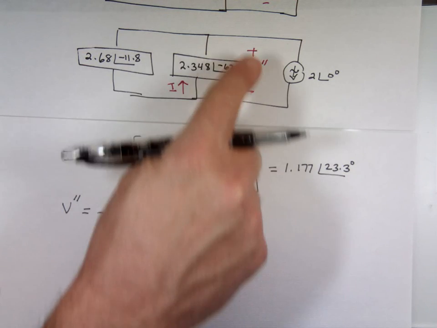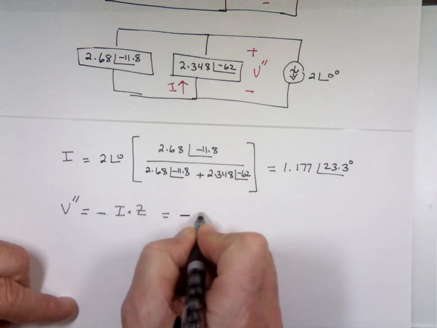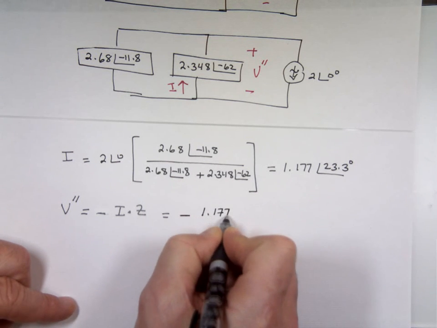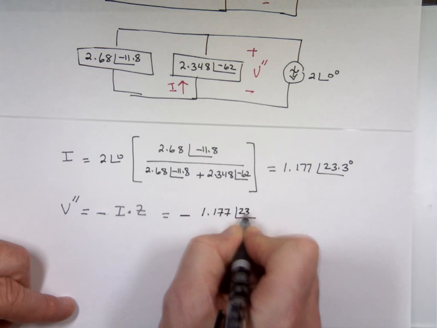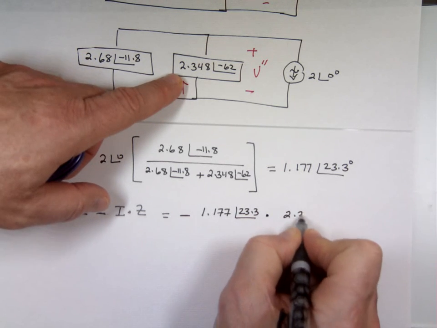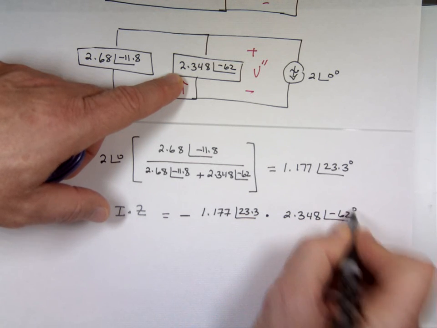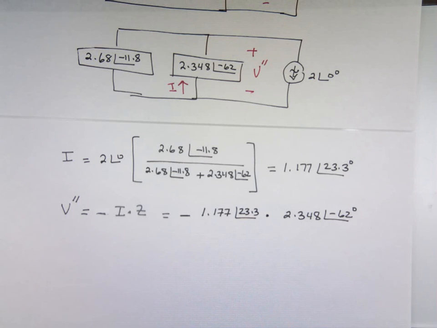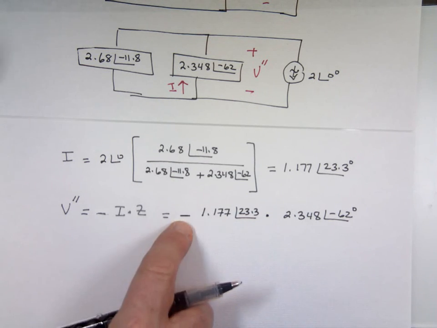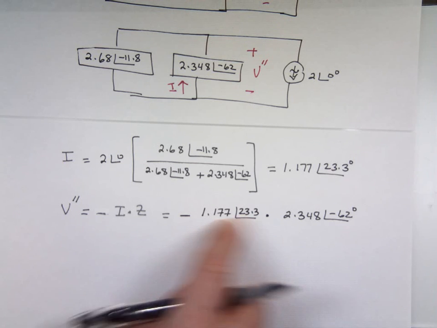So it's negative 1.177 angle 23.3 times Z, which is 2.348 angle -62. When you multiply that number by a minus, the machine is going to make a phase shift of 180 degrees. That number will stay the same, but you're going to see it add or subtract 180 degrees.